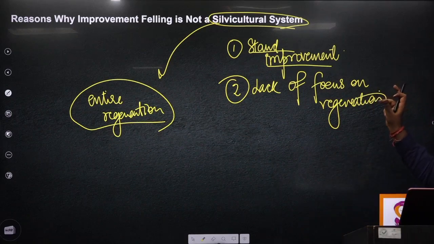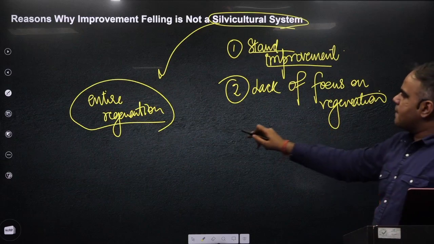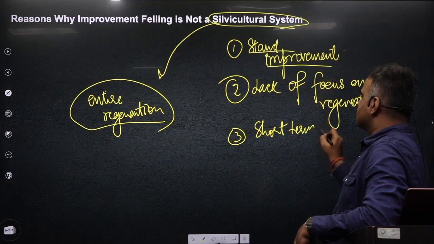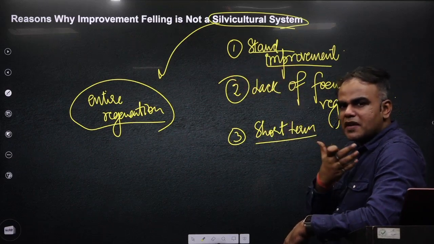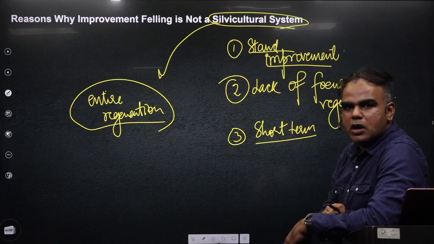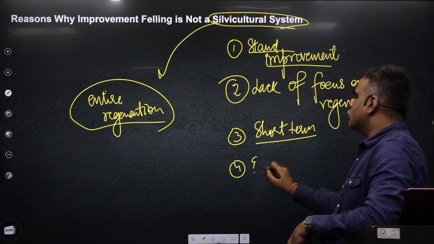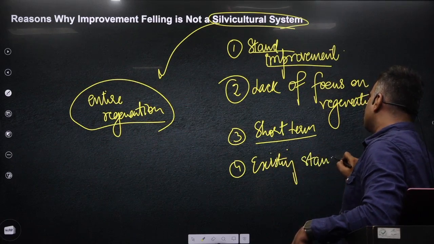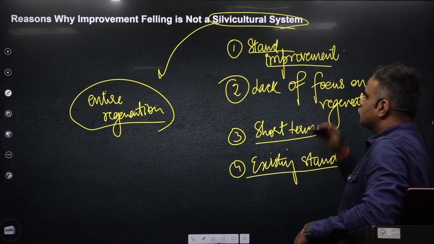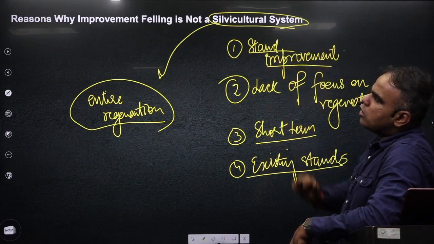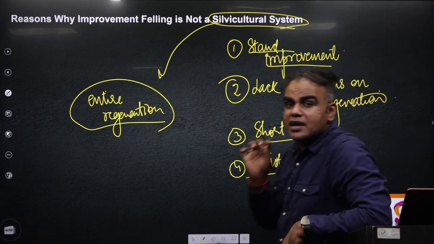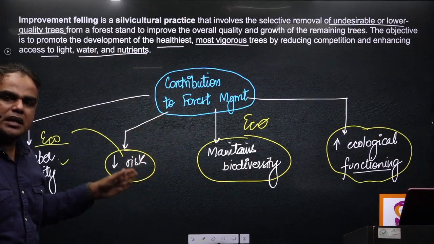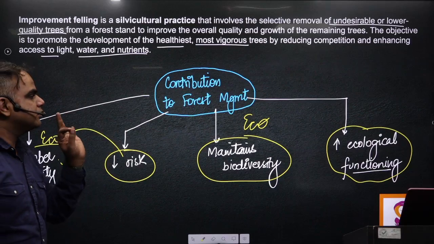That is also a part, right? Then it is again a short term mechanism, whereas the silviculture system is very long term, the entire life cycle is taken into account. Plus it is going to apply to existing stands, with no talk about the new stands. So because of these four major reasons, you do not classify improvement felling as a silvicultural system, although you may be considering that this may be a silviculture system, but it is not.